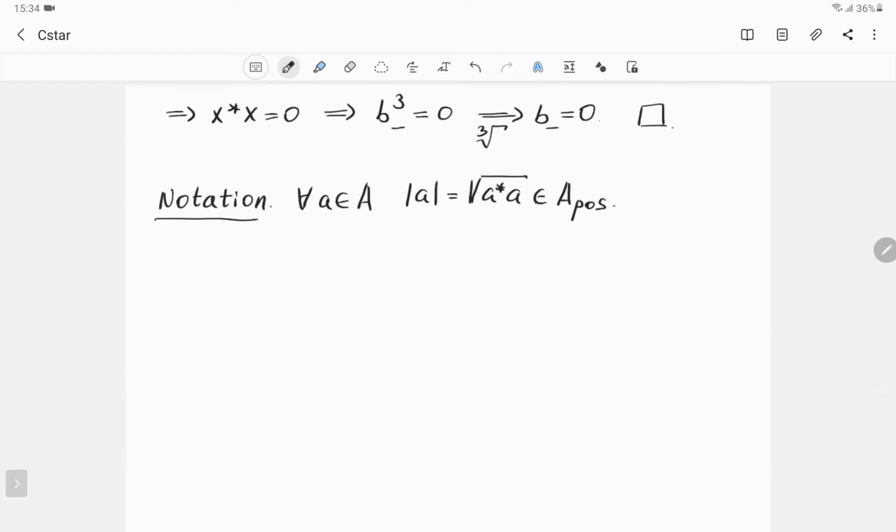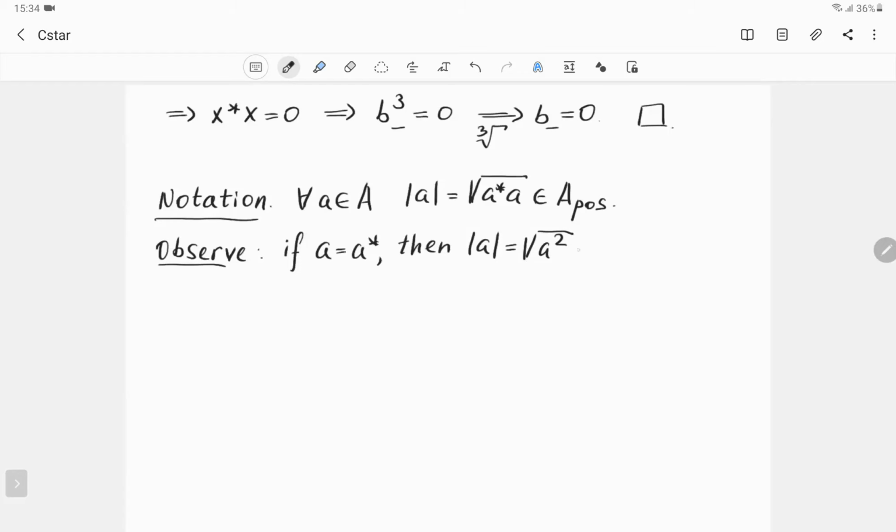By the way, let's observe that this notation is consistent with the functional calculus. Namely, if our element A is self-adjoint, then the absolute value that we've just defined is the square root of A squared.